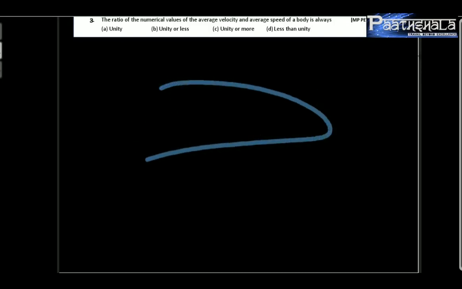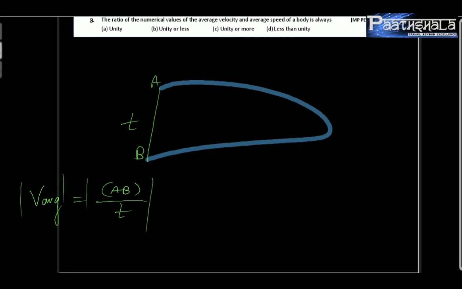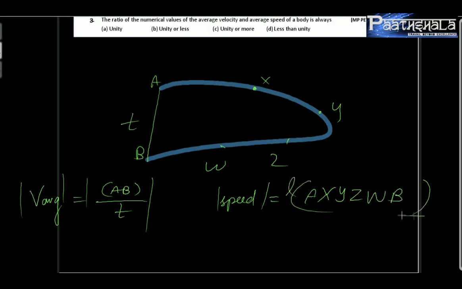So the average velocity is simply the straight line distance AB divided by time. This is the magnitude of average velocity. But speed is nothing but the entire path length, A, x, y, z, w, B, the length of this entire path, divided by time.